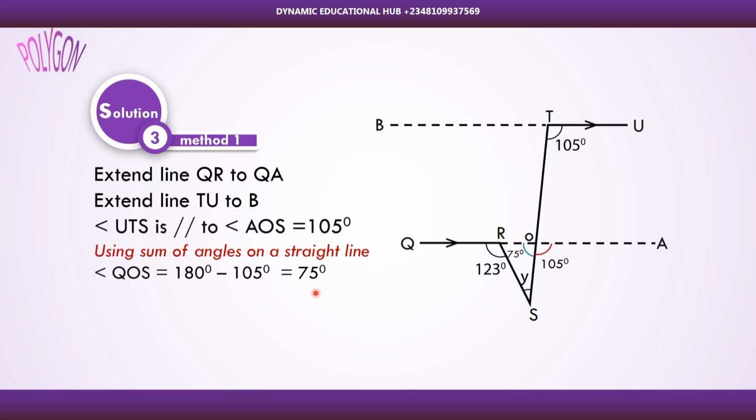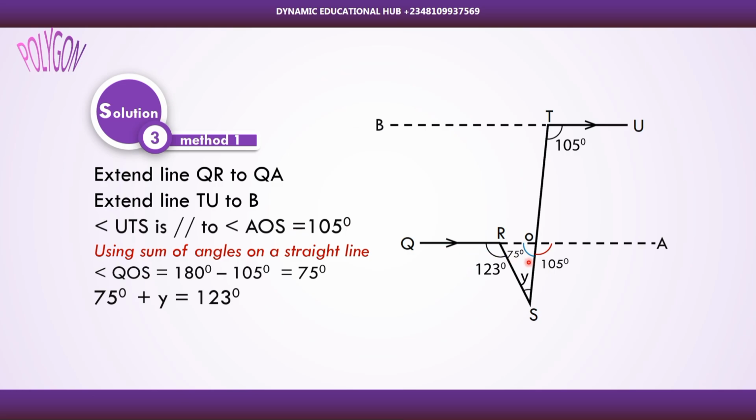Now using exterior angles of a triangle, you see that we use this 105 degrees or we use this 123 degrees. Since we've gotten the value of this angle, it's appropriate for us to use this angle over here, the exterior angle. If we want to use these exterior angles here, we need to find the value of this angle here. Now using the exterior angles of a triangle, we are using this exterior angle 123.